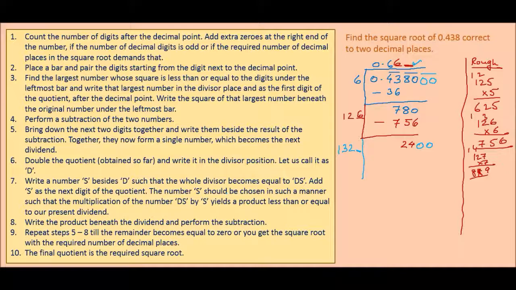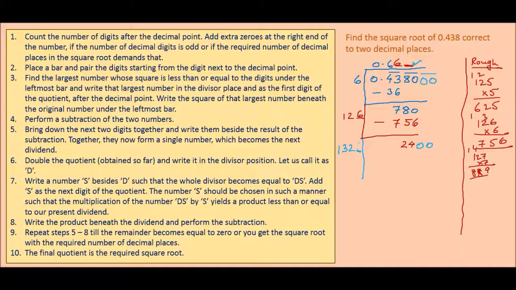The number S should be chosen in such a manner that the multiplication of the number DS by S yields a product less than or equal to our present dividend. So we have to get a digit over here and multiply this entire number by that digit, and the product obtained should be less than or equal to 2400.